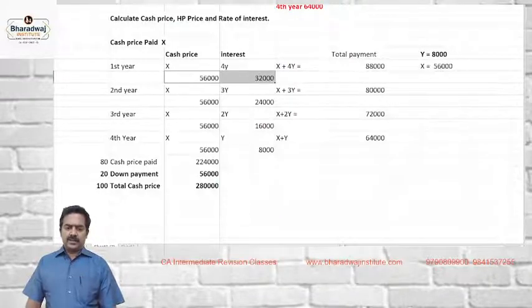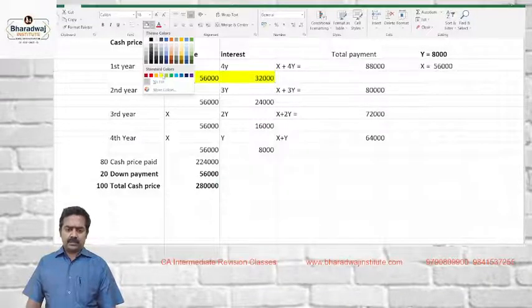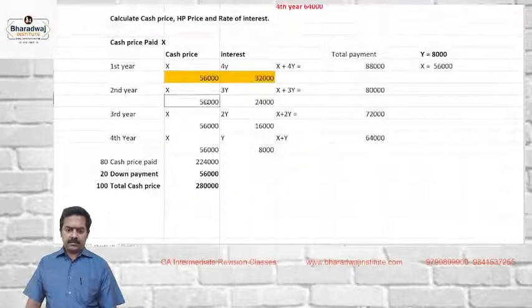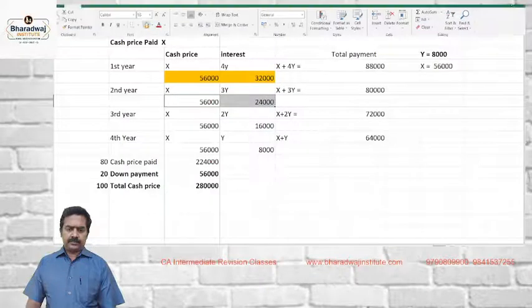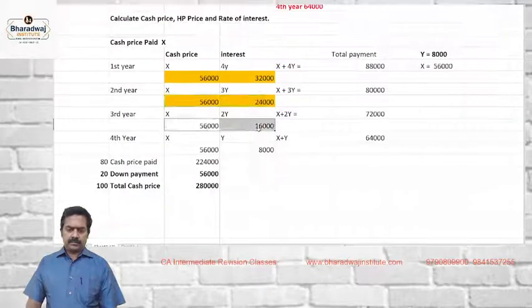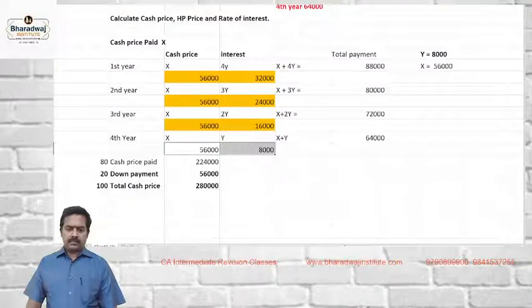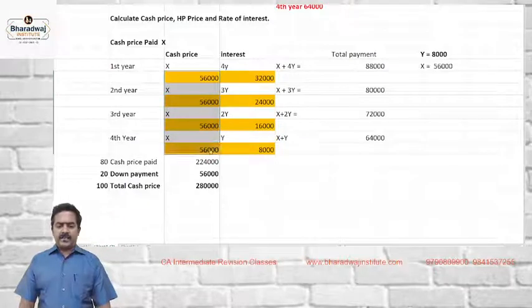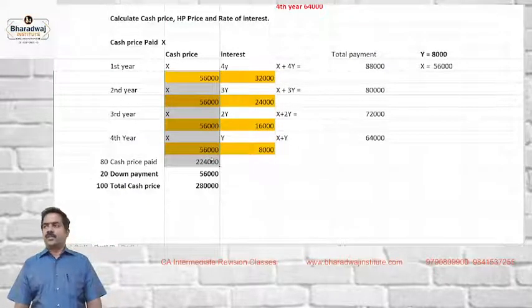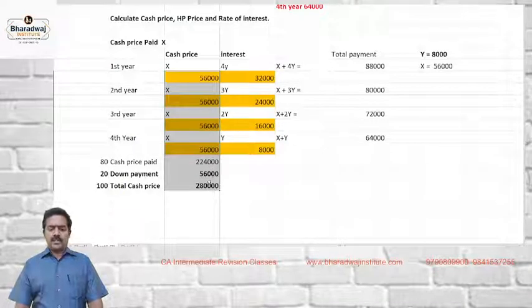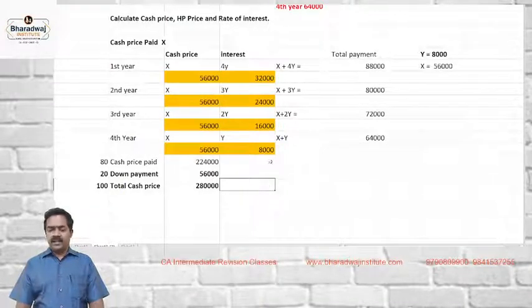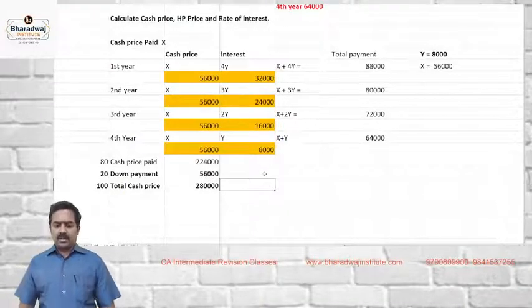All these balances we worked out. Cash price paid is 2,24,000, down payment is 20%, and the total cash price is 2,80,000.